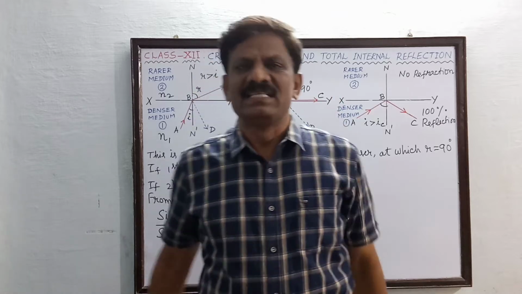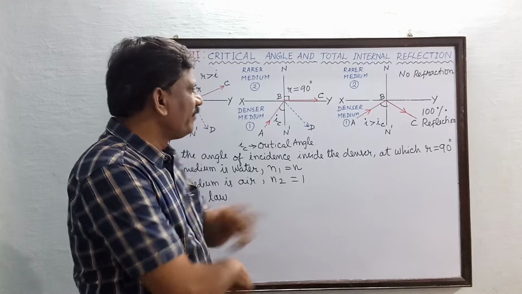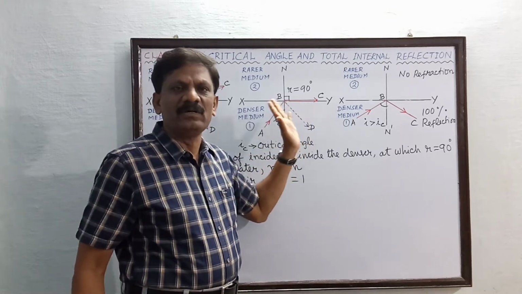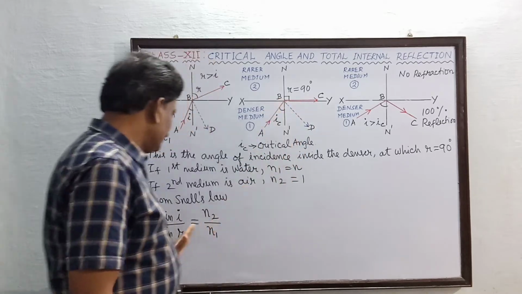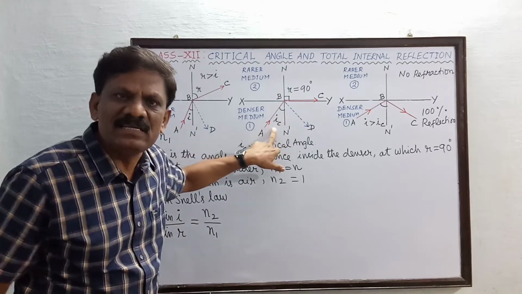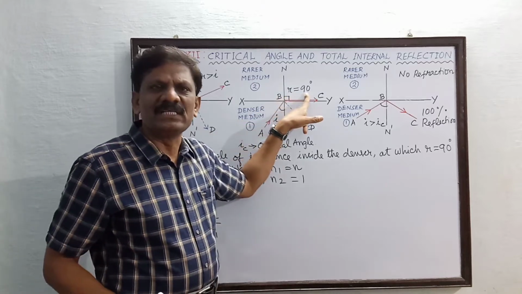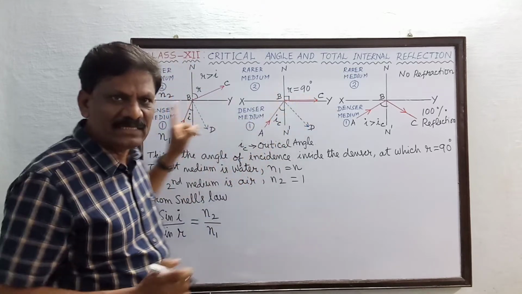This is the starting point of the derivation. Now I am going to refer to the second picture and apply Snell's law. In the second picture, the angle of incidence is IC, is it not? And the angle of refraction is how much? 90 degrees. Am I right?